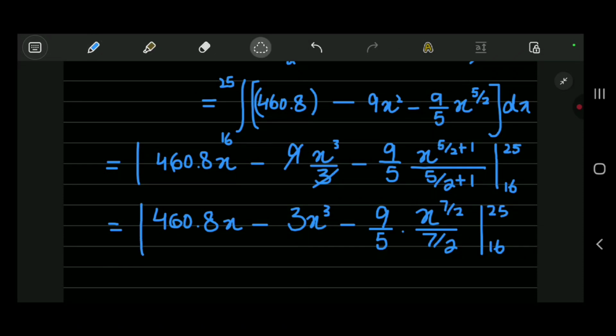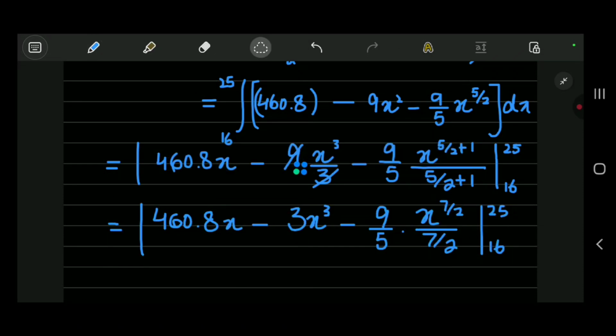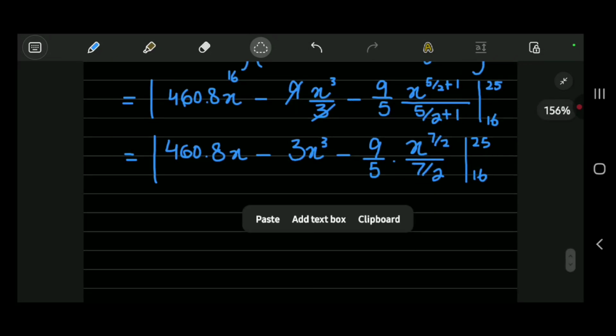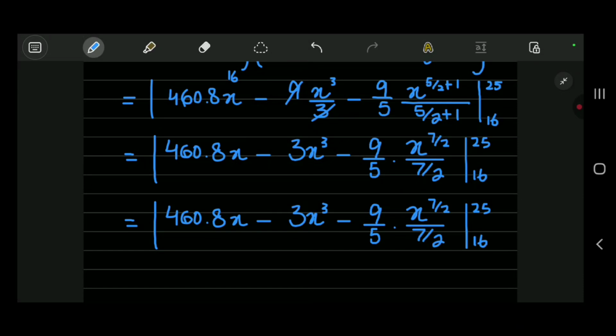One last step: this 7 over 2 in the denominator will be flipped and multiplied, so it becomes 2 over 7. So 9 times 2 is 18 over 35. When simplified, it will be 18 over 35.